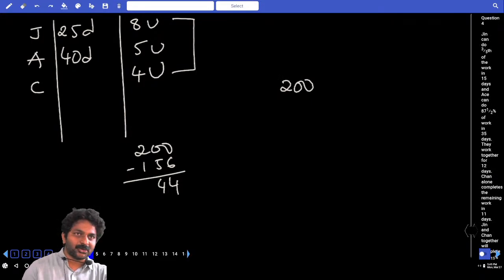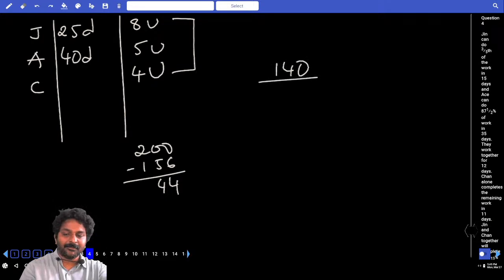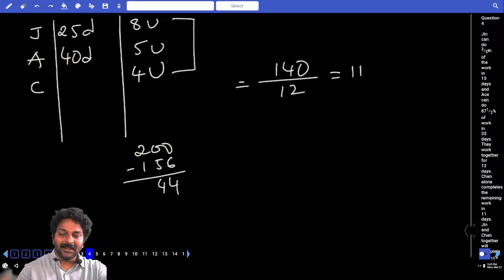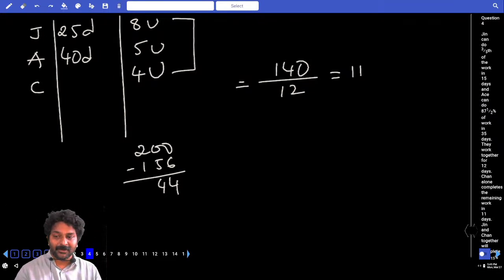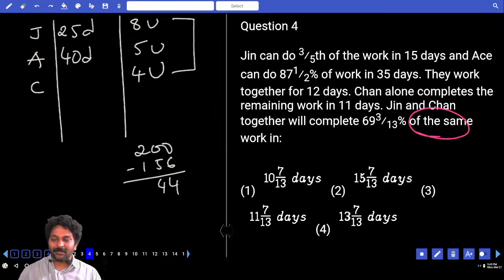Total work is 200, so 70% is 140, and together they can do 12. 11 times is 132. Our numerator is more than that. 12 times is 144. That means the answer must be between 11 and 12 only. Between 11 and 12, how many options are there? Only one, the third option, the final answer.